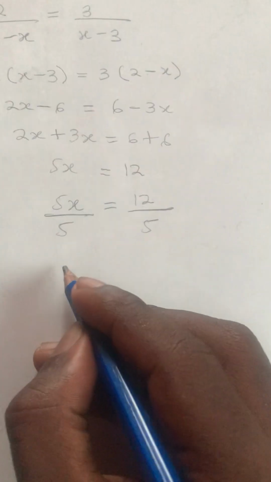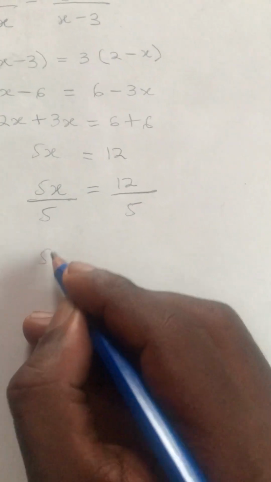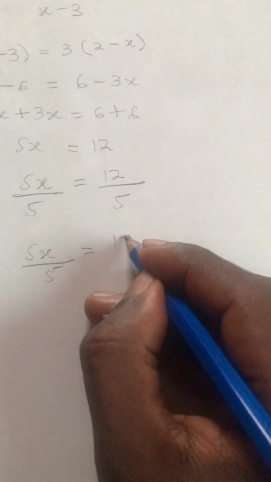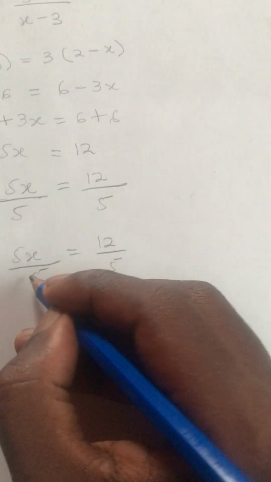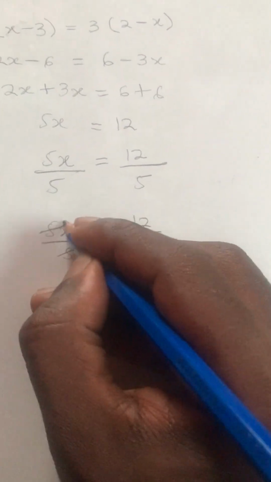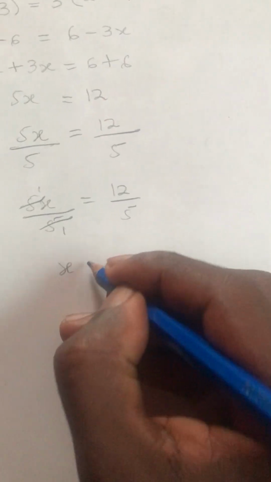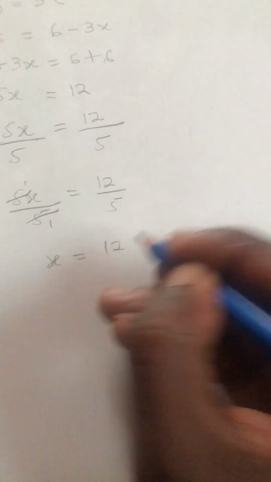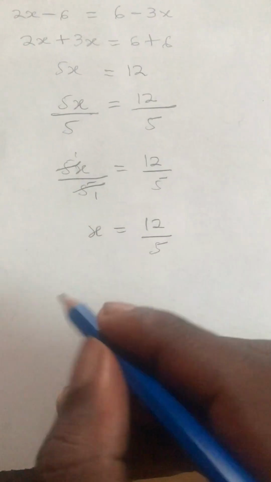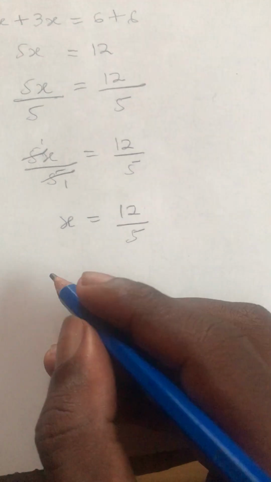Afterwards, we do some cancellations. So you have 5x over 5 equals 12 over 5. So 5 will go into itself 1, and 5 will go into the denominator 5, 1, making x equals 12 over 5. Now you can simplify further.